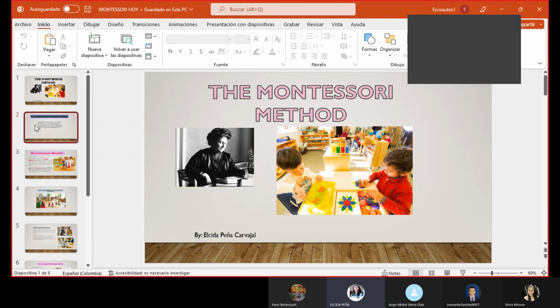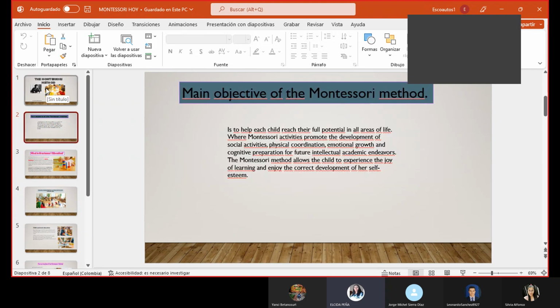The Montessori method. The main objective of the Montessori method is to help a child raise their full potential in all areas of life, where Montessori activities promote the development of social activities, physical coordination, emotional growth, and cognitive preparation for future intellectual academic endeavors.